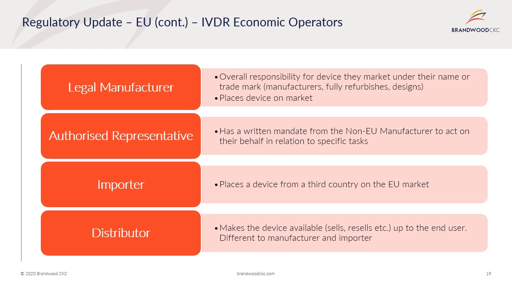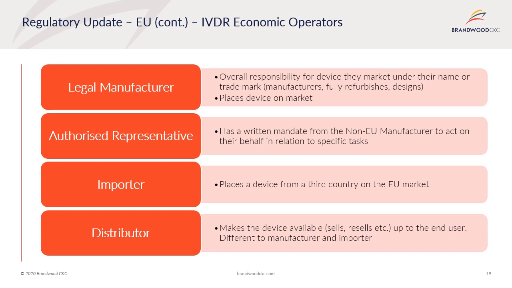Last one that I'm going to present here on the EU is the IVD economic operators. And this is important because these are new definitions. I mean, although the terms have been used, these are new, well, I shouldn't say requirements, but they are new expectations of the IVDR. Again, legal manufacturer, we knew what the legal manufacturer was, but ultimately they're overall responsible for the device they market, and they place it onto the market.